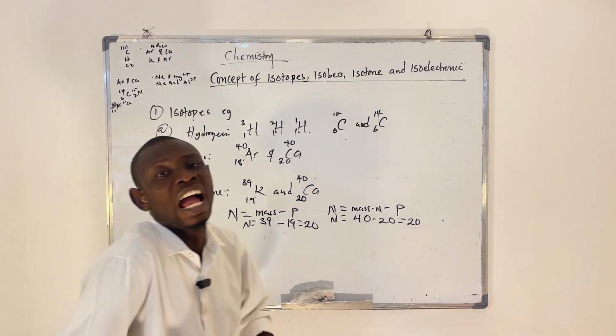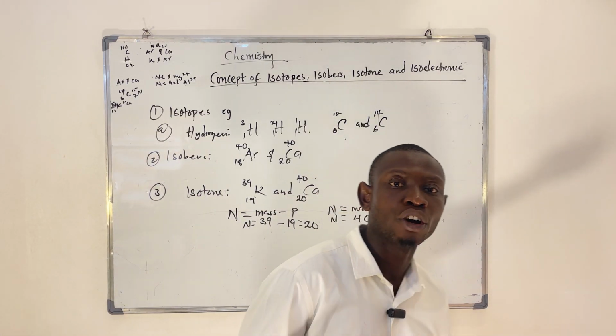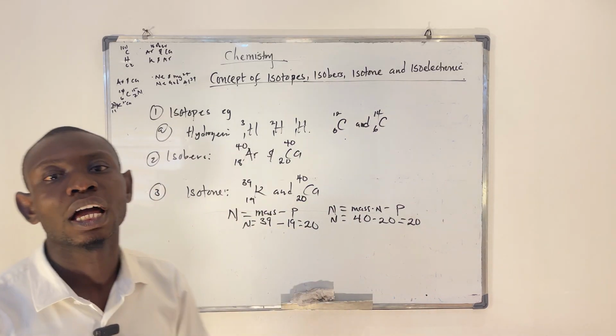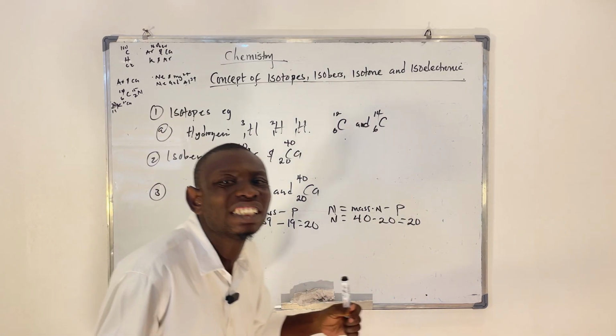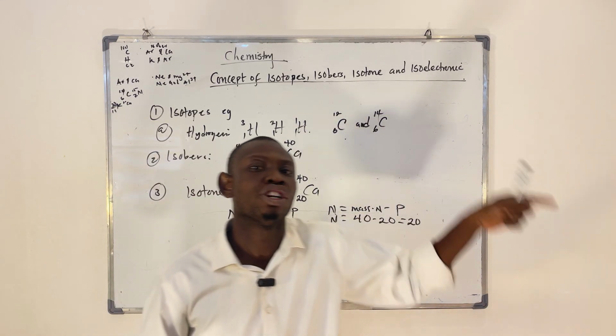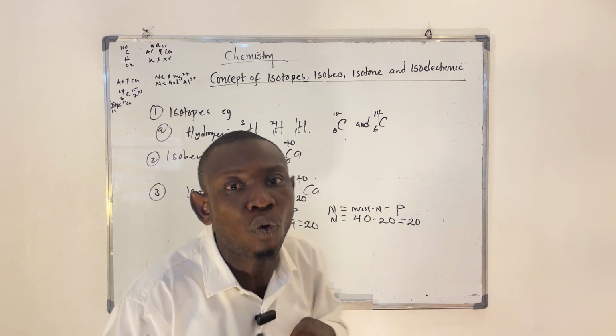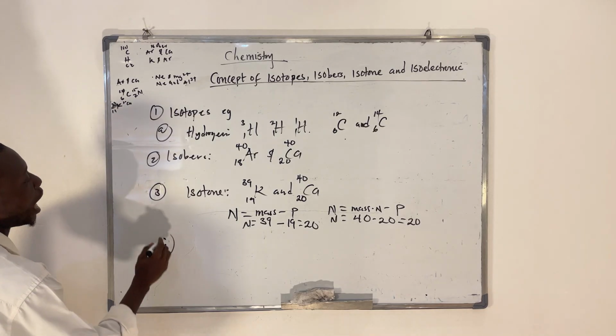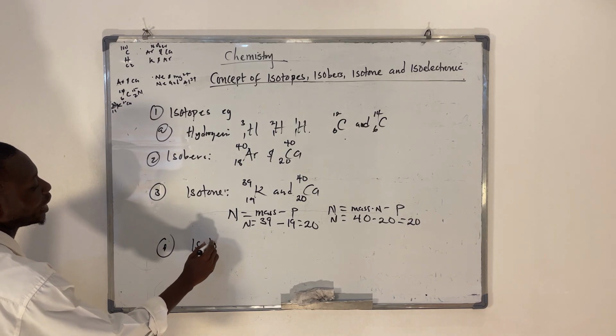It can also be an ion, either cation or anion, having different mass number and different atomic number, but the same number of electrons. From the word isoelectronic, it simply means they have the same number of electrons.